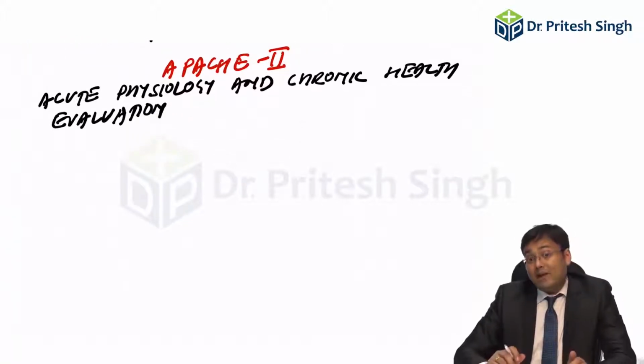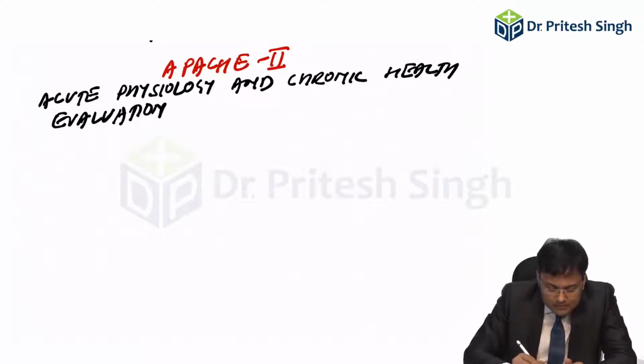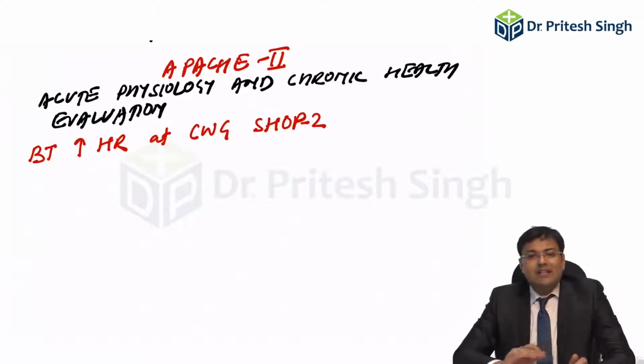So there are 12 parameters. How to remember those parameters? There is the mnemonic. What? Blood transfusion increases heart rate at Commonwealth Games, shop number 2. So blood transfusion increases heart rate at Commonwealth Games, shop number 2.